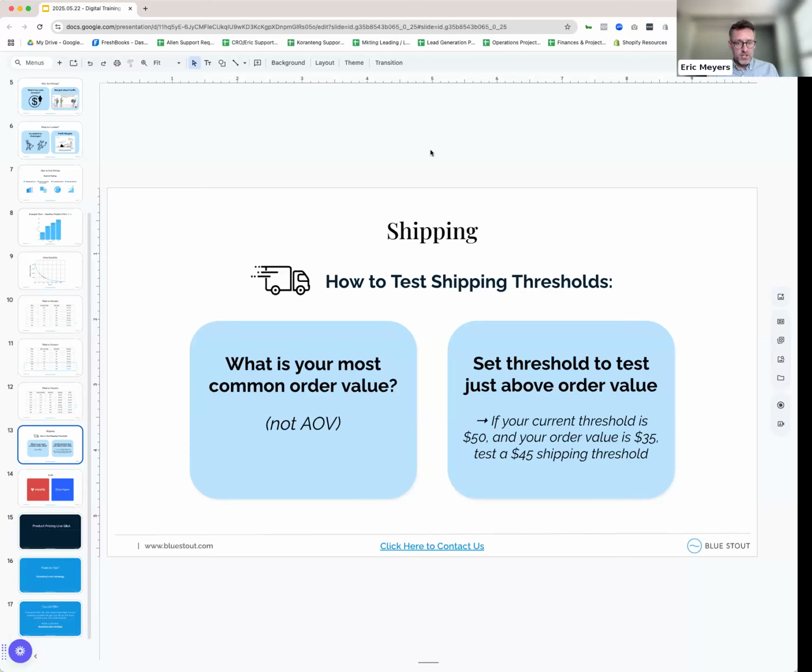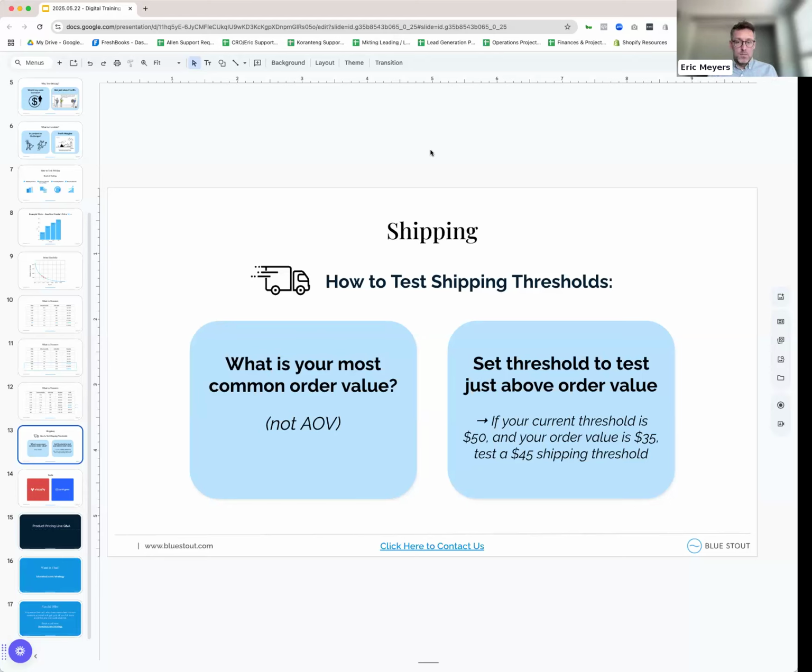When it comes to testing free shipping thresholds, we take a similar approach as price testing, where we usually want to test a higher and a lower number just to make sure that we're, A, not leaving money on the table, and so that we can calculate the effect. As we change that free shipping threshold, it will certainly have an effect on average order values, but we also want to measure the effect that it has on conversion rate, because at some point you don't want to increase it so high that it starts to impede conversion rate.